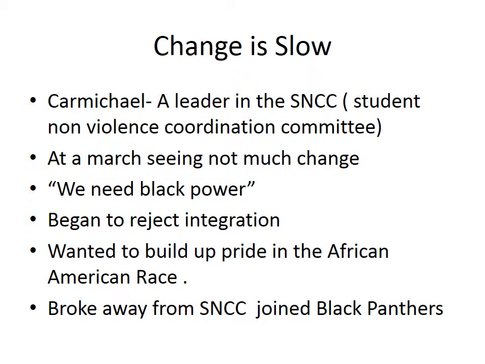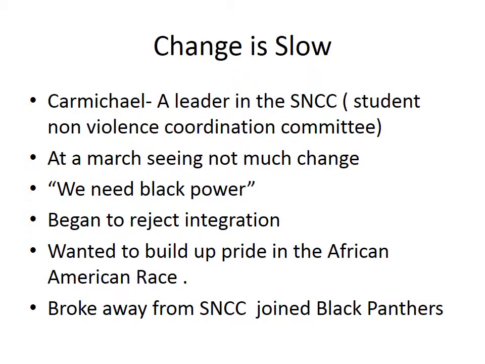But he was at a march, and this is after some of these civil rights acts had been passed, and the police start coming into the march, and they're beating on people, and he sees there's really not any change here. And he's overheard saying, well, we need Black power.